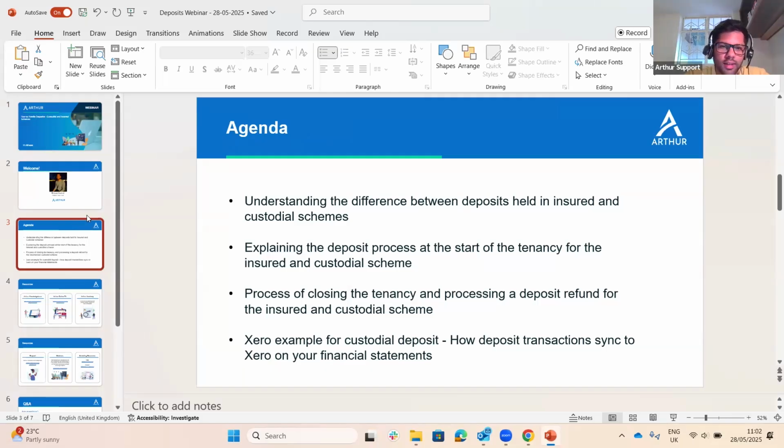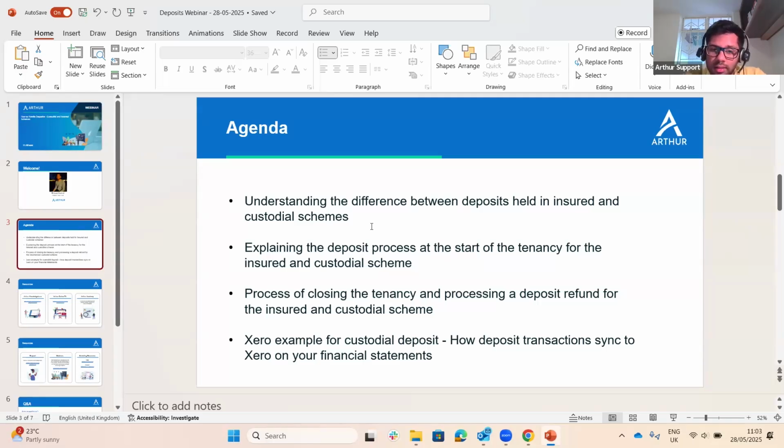So in today's agenda, the first thing we'll be looking at is understanding the difference between deposits held in the insured and custodial schemes, the differences in the processes in both those schemes, and how to carry out those processes in Arthur. We'll then be looking at explaining the deposit process at the start of the tenancy for both the insured and custodial scheme on Arthur.